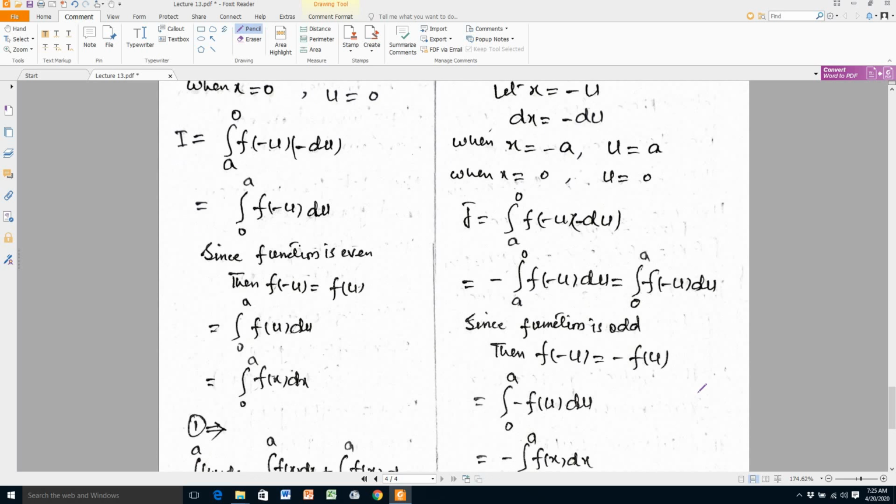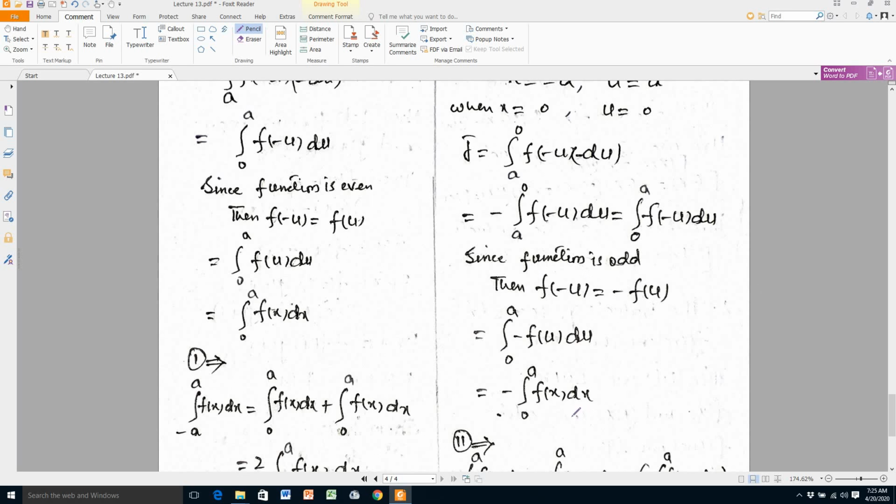Since we know that the function is an odd function, according to the definition of the odd function, f of minus u is equal to minus f of u. So I substitute here 0 to a, minus f of u du. I take this negative sign outside, and as I said earlier, x, y, z and u are dummy variables, so you can change them with each other. So 0 to a, f of x dx.